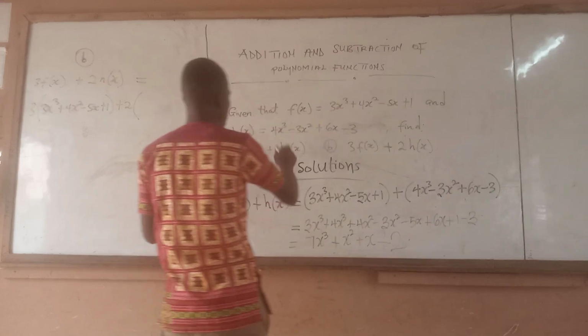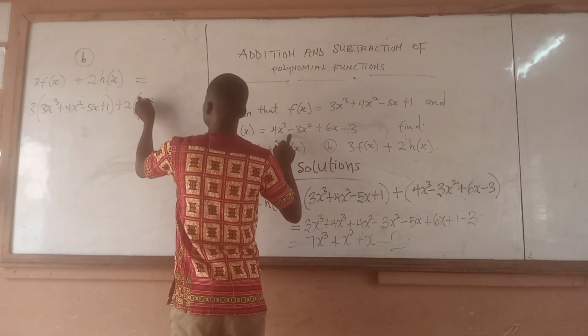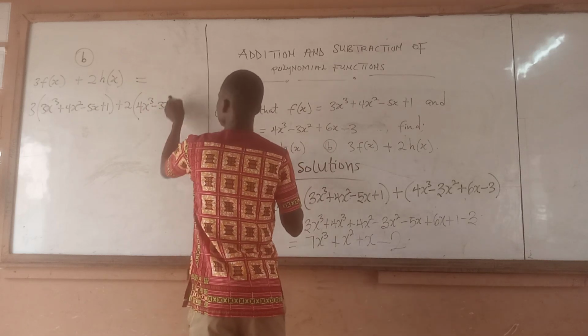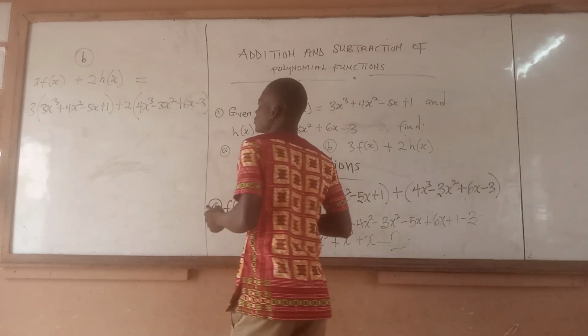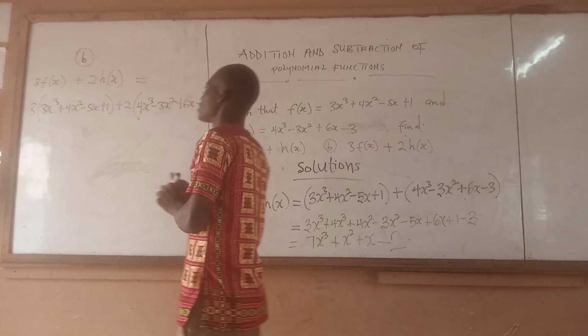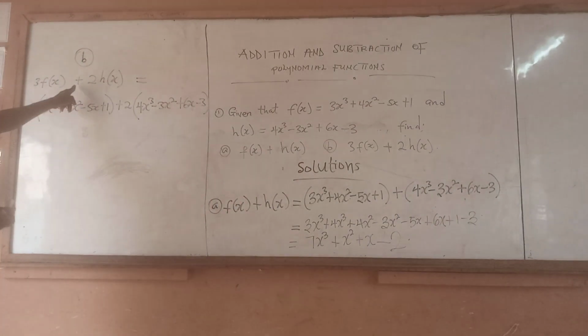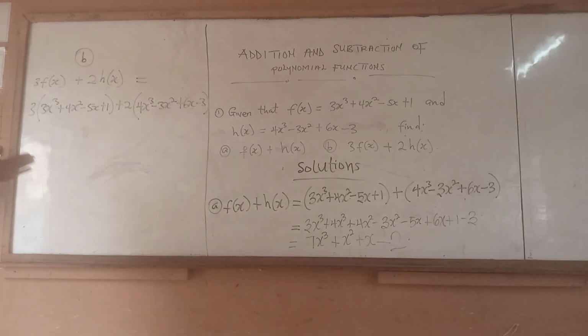So 3 times f is 3 times the bracket of f, plus 2 times the bracket of h. This is the same as how to expand an algebraic bracket.